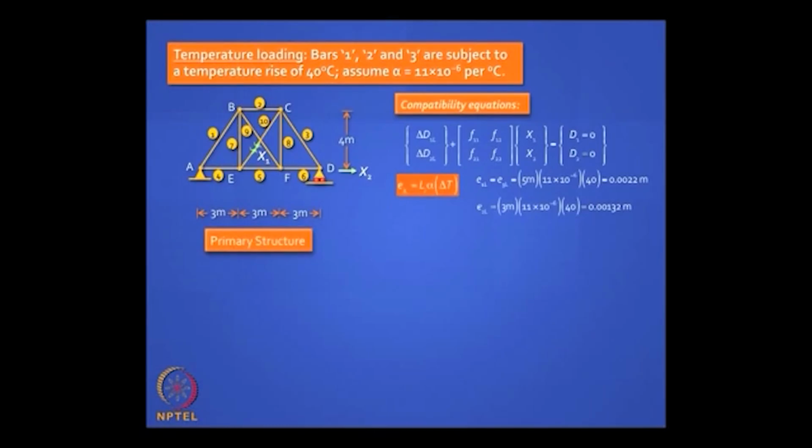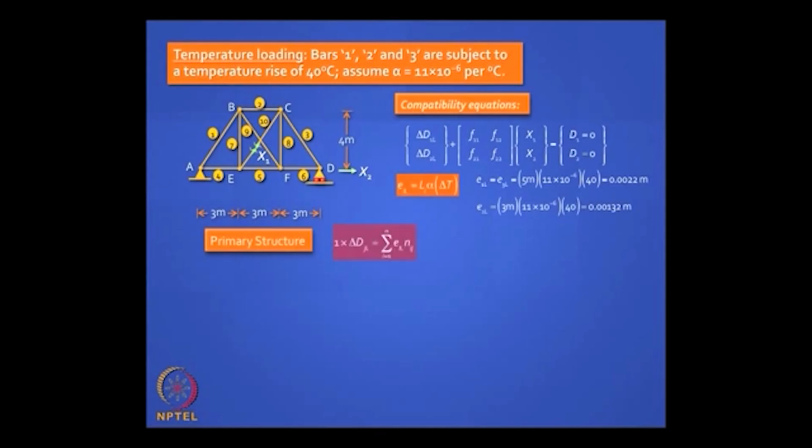But first, in your primary structure, if bars 1, 2 and 3 elongate, you have to find out those elongations, which is nothing but L alpha into delta T, that is a straightforward calculation, right. If your alpha is this and your delta T is 40 degrees and your L is this, you can figure out what is E1L, E2L and E3L, that is straightforward. Then what do you do?